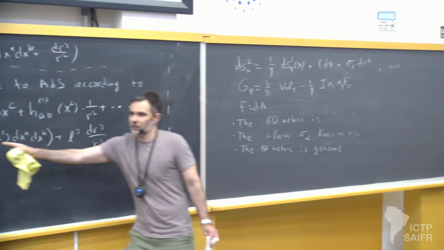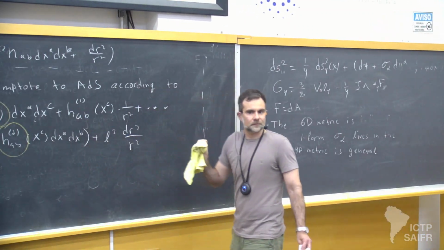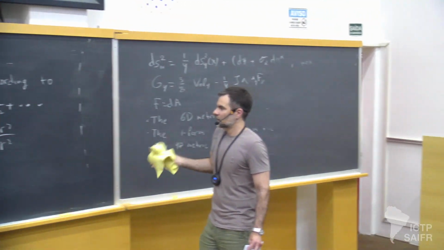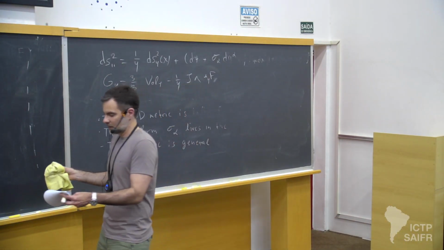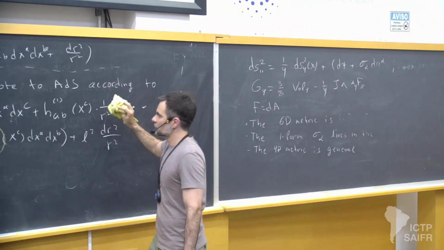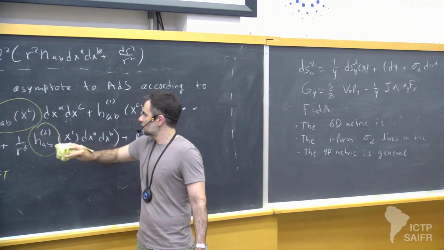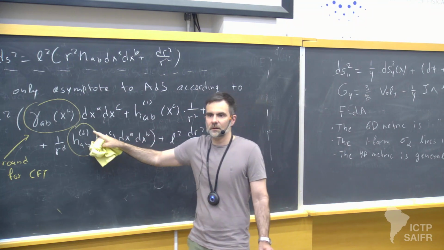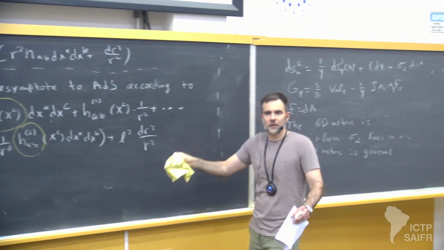So D doesn't follow this pattern, basically. All the other terms in this 1 over R expansion are basically fixed in terms of gamma and H_AB-D, just by solving the equations of motion.